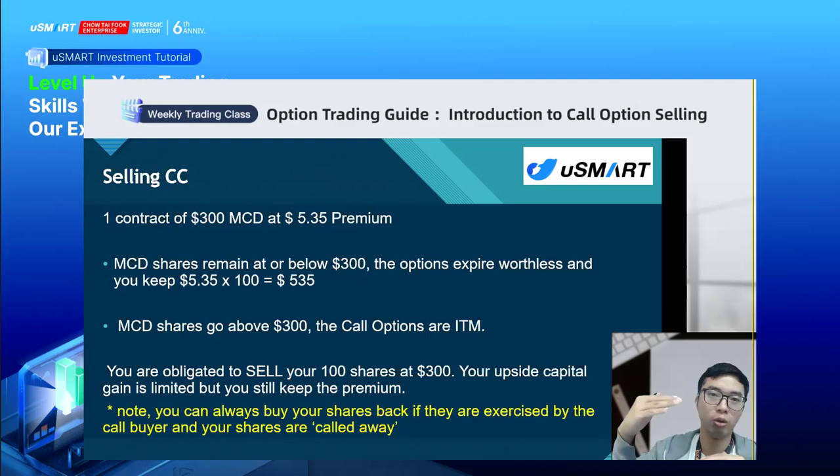So when the price is moving from 200 to 300, while it remains below 300, we take the profit at $5.35 premium per share. If we hit 300, we realize the 50% return, which is $100 per share. We sell our stock to the buyer, then we get the cash, and then we can use the cash to buy back the 100 shares again. Sounds good, right? We can do this always.